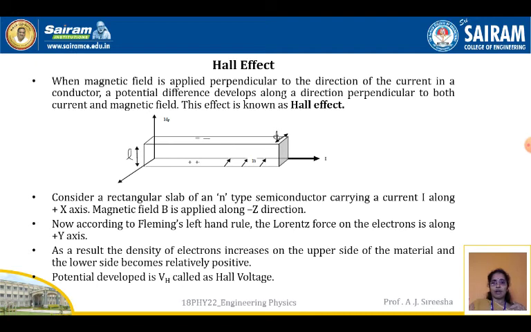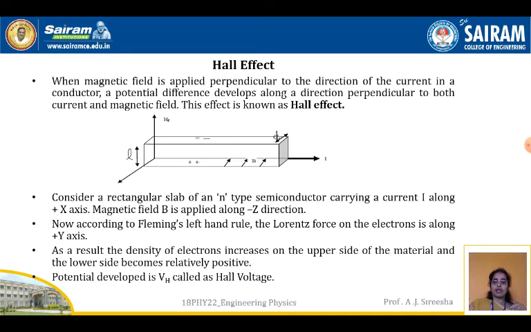Now according to Fleming's left-hand rule, the Lorentz force on the electrons is along the positive y-axis. As a result, the density of electrons increases on the upper side of the material, and the lower side becomes relatively positive.